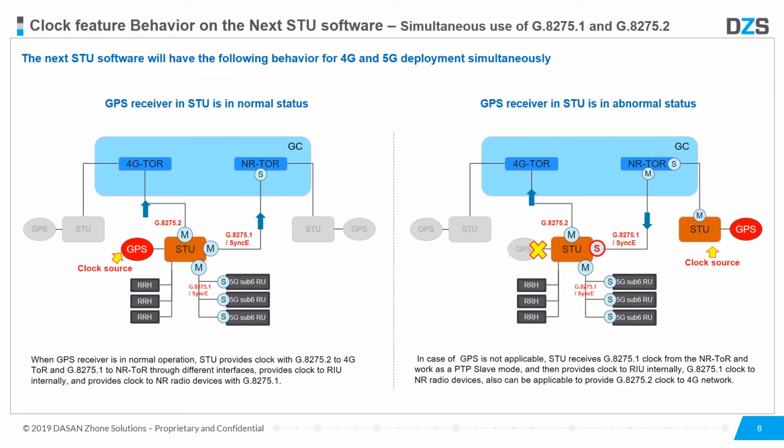At this part, we will explain the clock operation when using telecom profile for 4G network and for 5G network simultaneously. In the figure on the left, when GPS is in normal operation, STU will provide clock with 4G TOR for G.8275.2 and G.8275.1 will provide clock to other devices through other interfaces of NL-TOR through connected NR-TOR.